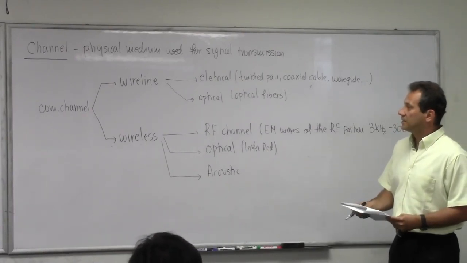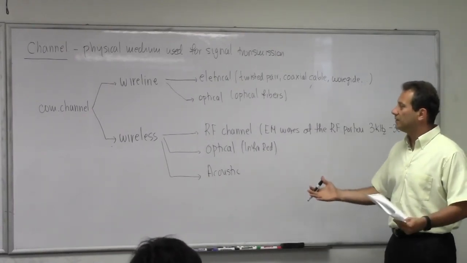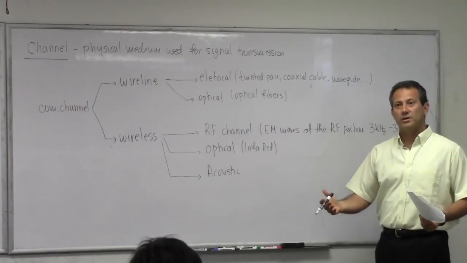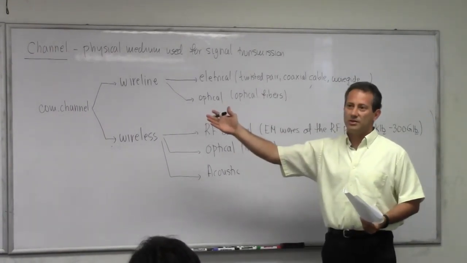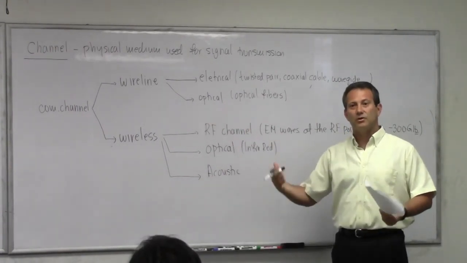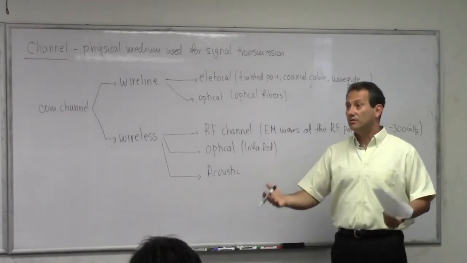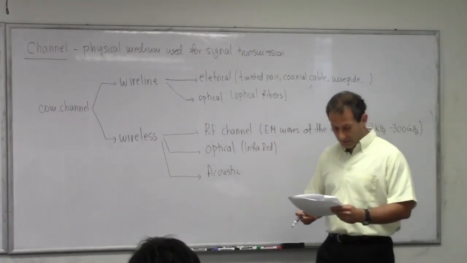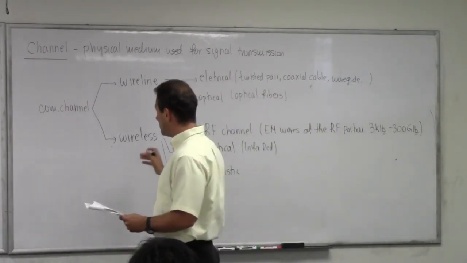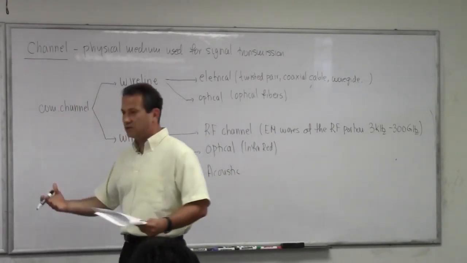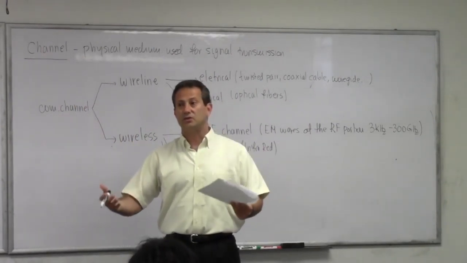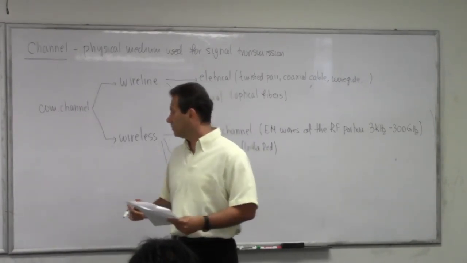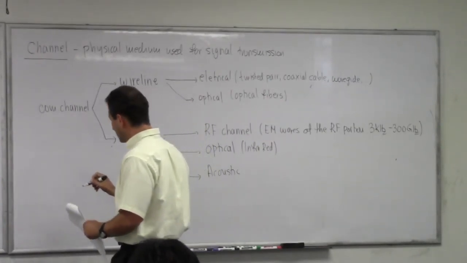Now, one of the most significant properties of the channel is that it distorts the signal. In other words, what you place into the communication channel and what comes out of the channel are not going to be the same thing. That's universally true for all of these channels. They're going to change your signal. We're going to refer to the change in the signal as distortion. So the channels distort the signal. There are two ways the signal can be distorted as it propagates through the channel.